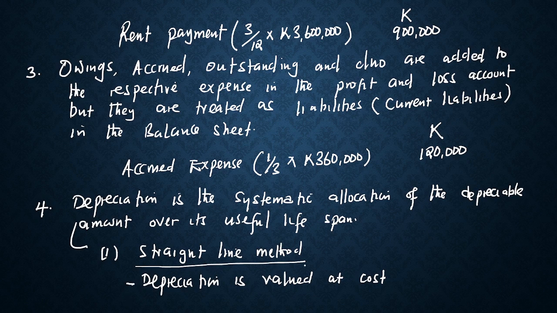What we mean when it says valued at cost, for example, you have got a percentage. You're going to say depreciation is equal to the percent that you have multiplied by the cost of the asset.